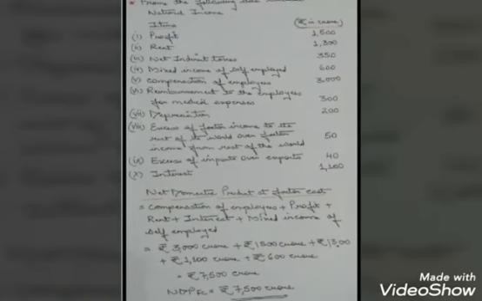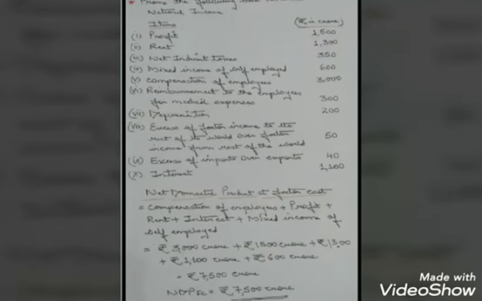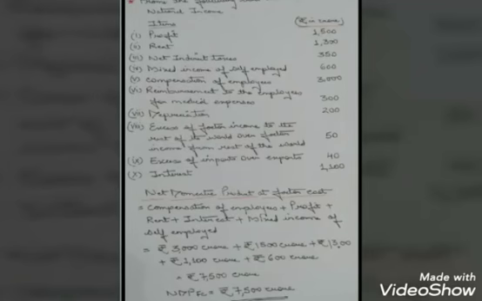Once you have added compensation of employees, which is rupees 3,000 crore, plus rupees 1,500 crore, which is profit, plus rent, which is rupees 1,300 crore, plus interest, which is rupees 1,100 crore, plus mixed income of self-employed, which is rupees 600 crore, you get a value of 7,500 crore. So children, your NDP at factor cost is rupees 7,500 crore.